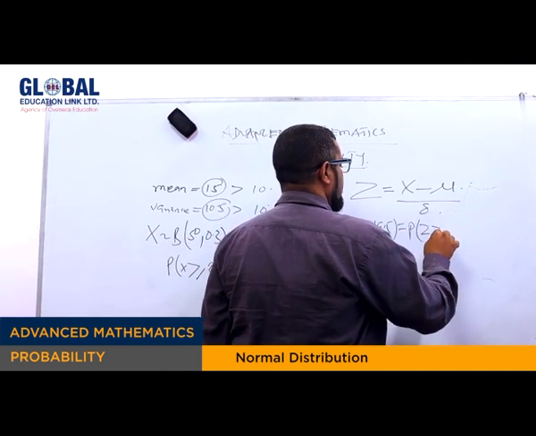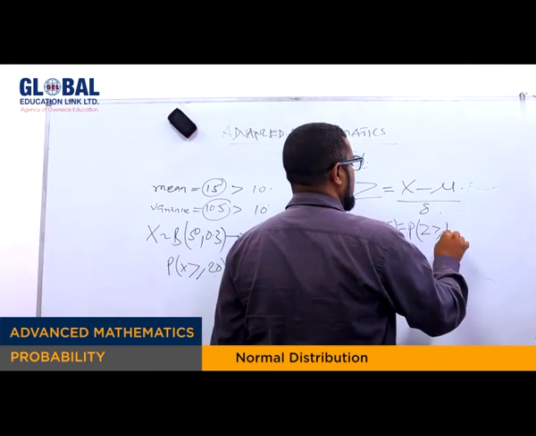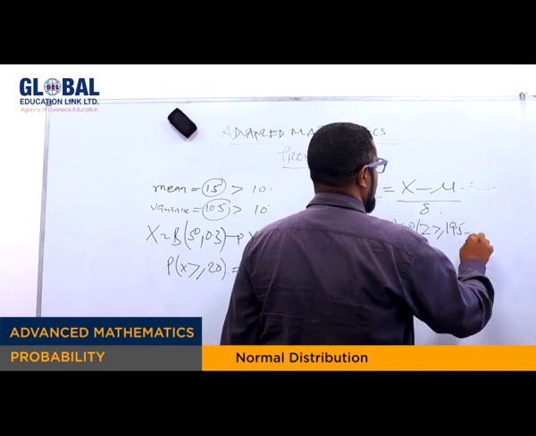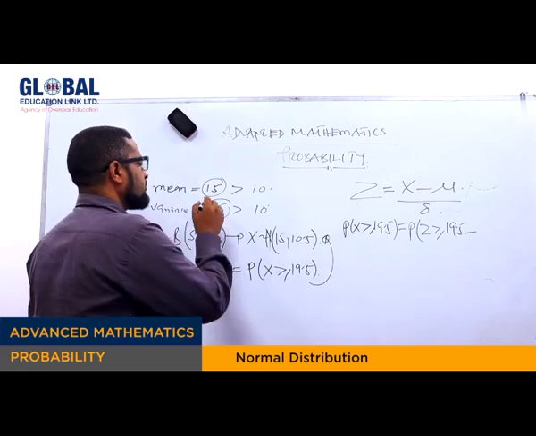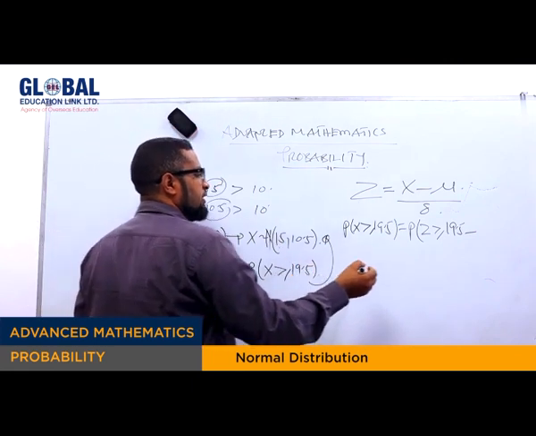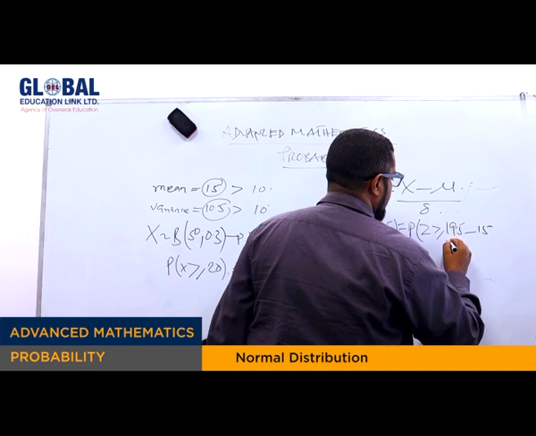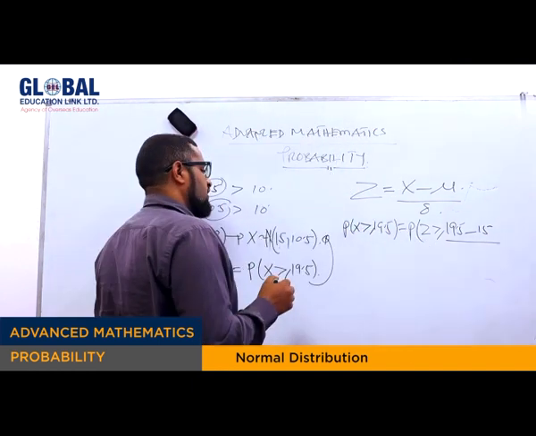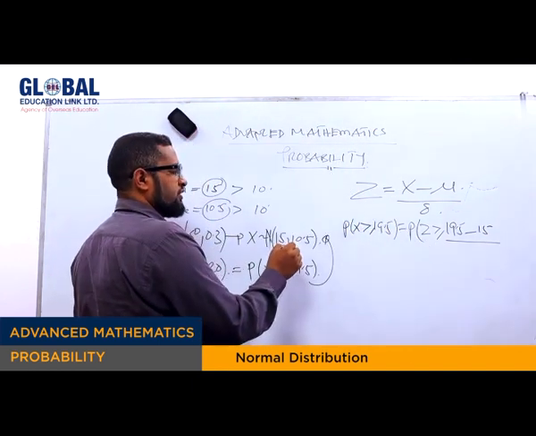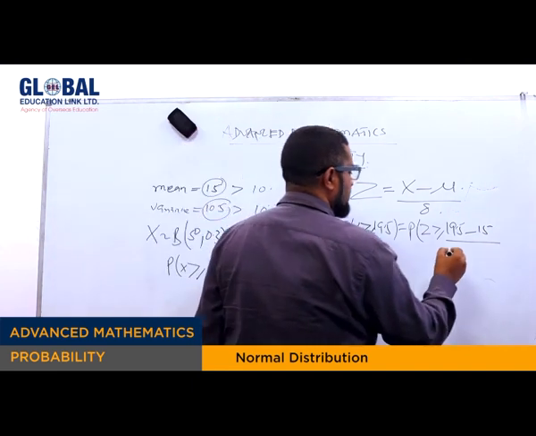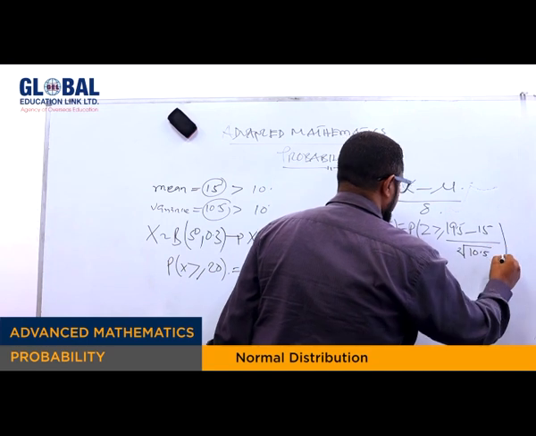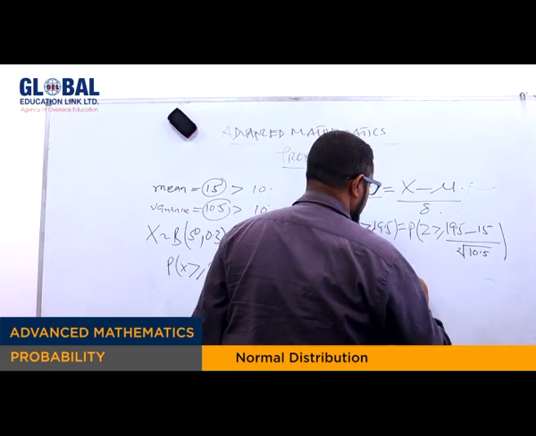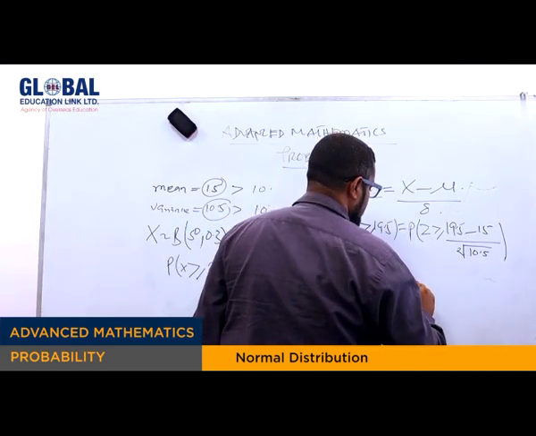So probability of X greater than or equal to 19.5 is the same as writing probability of Z greater than or equal to 19.5 minus the mean. Our mean here is 15. So it is divided by standard deviation. Remember, this one is the variance. So standard deviation is the root of 10.5. So let's simplify and see what is the final solution.